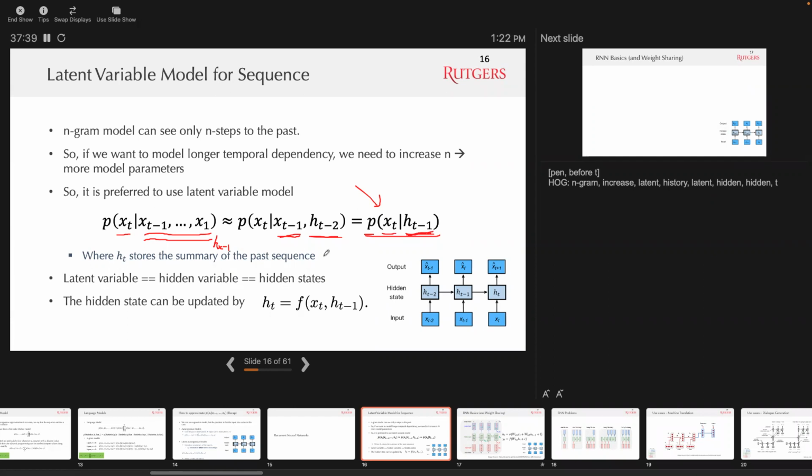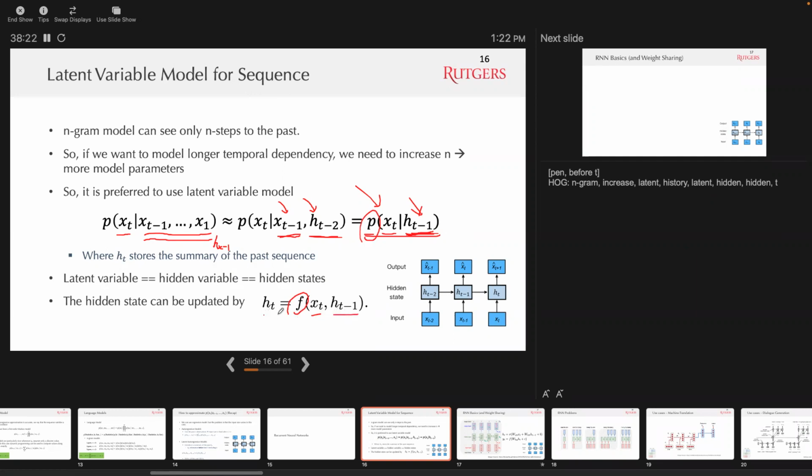But there's one piece that's left: how do you update the hidden state? Like we said, ht minus 1 has to be a summary of the current value and the history further into the past, so you need to be able to update your history. Basically, besides learning this p, you also need to learn another function, which is how to update your history by combining the current value and your previous history.